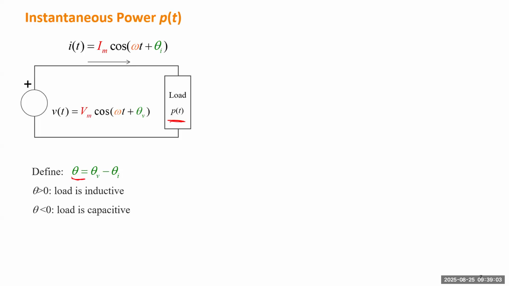So overall it behaves like an inductor, which makes the voltage lead the current from the outside. If we have a negative theta, the load is capacitive, which means the total capacitance inside the load is higher than the inductance.